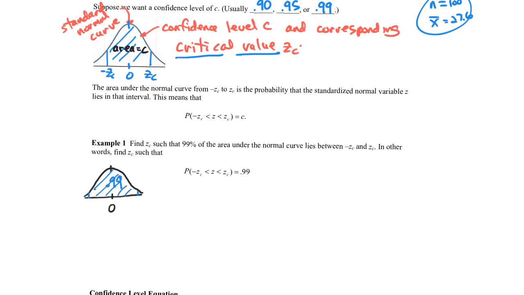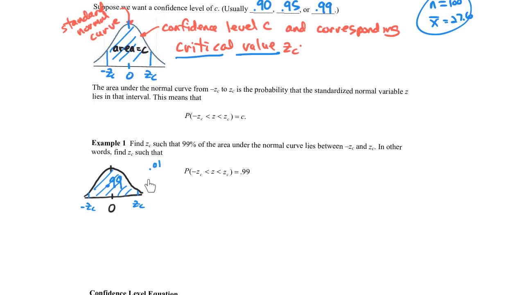Well, if 0.99 is shaded, that only leaves us 0.01 that's not shaded, right? If 99% of the area under this curve is shaded in, then only 1% is left, and that's going to correspond to these z-scores, right? Here's z sub c, or negative and positive.